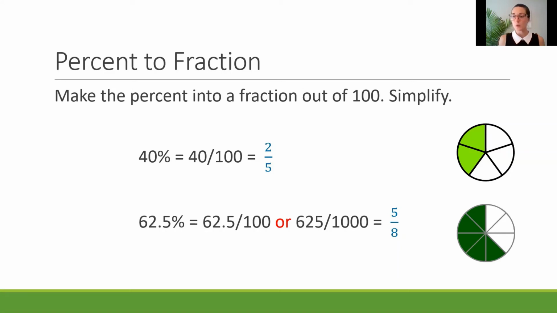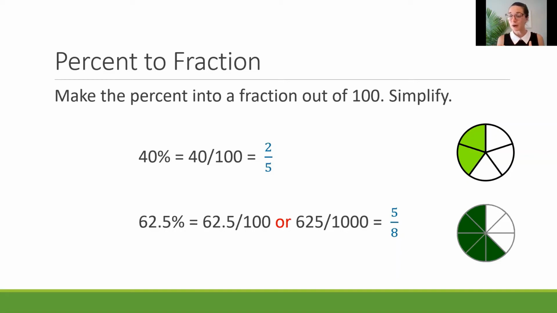And those things are equal. Now, when I simplify 40 out of 100, the first thing I might think of is, well, 40 out of 100 is 4 out of 10. I could just remove a 0 out of either one. But I could simplify even further and make it 2 out of 5. So 40% is equal to 2/5. Now we've made it full circle.